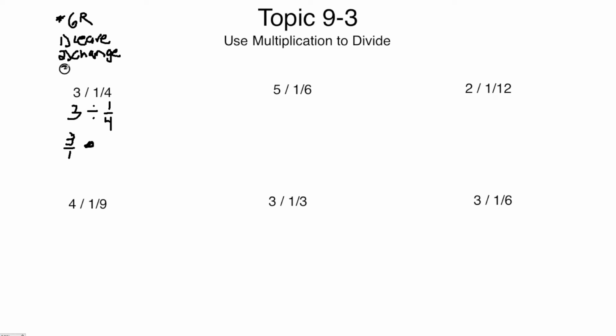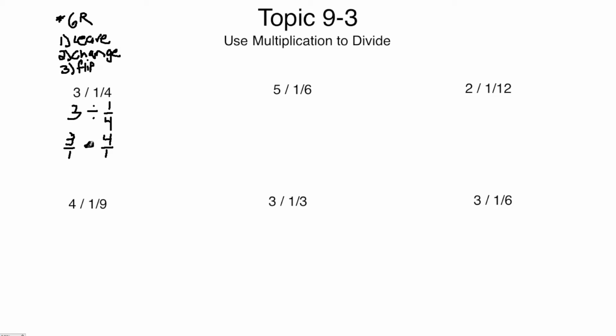And then the third step is to flip, meaning multiply the second fraction by its reciprocal. The reciprocal of 1/4 is 4/1. So we're actually changing it to make it multiplication.